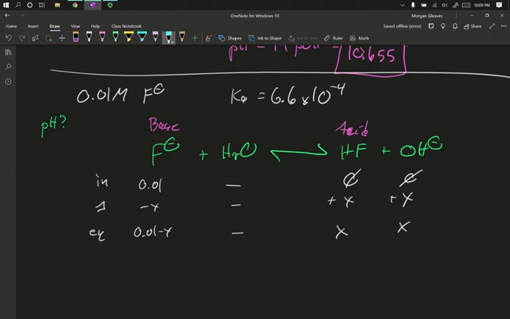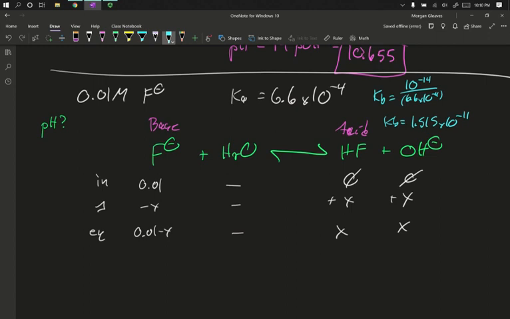We have our base as our reactant, reacting with water to make conjugate acid and hydroxide. To get our Kb, it's going to be Kw, 10 to the minus 14, divided by Ka, 6.6 times 10 to the minus 4. Our Kb is going to be 1.515 times 10 to the minus 11.